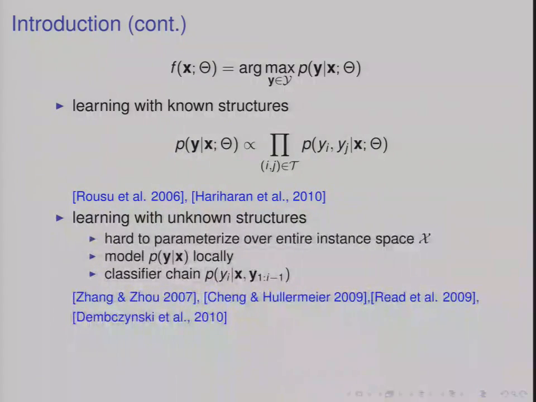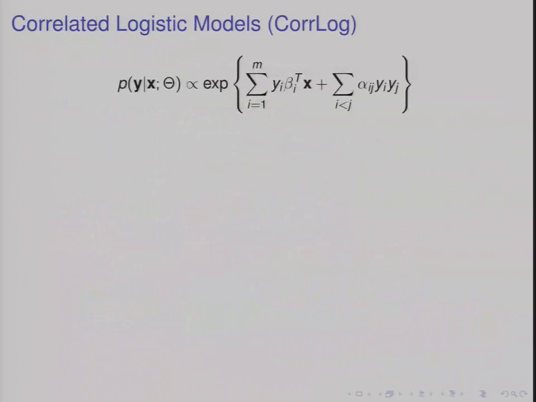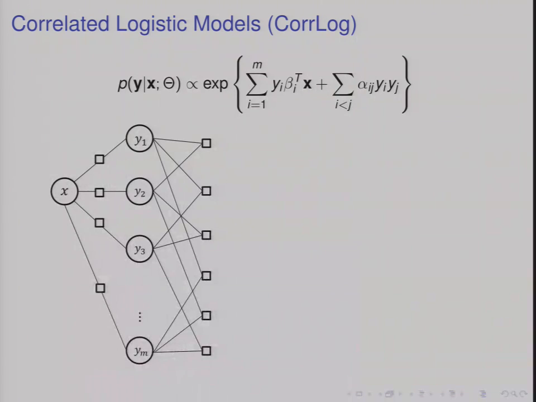So in this work, we propose a very easy way to model the conditional probability p(y|x), and here is the formulation. We call this the correlated logistic model, CorrLog for short. By the graphical model representation, we see that CorrLog is simply a special case of conditional random field. However, it is so simple that it's better to view CorrLog in another way.